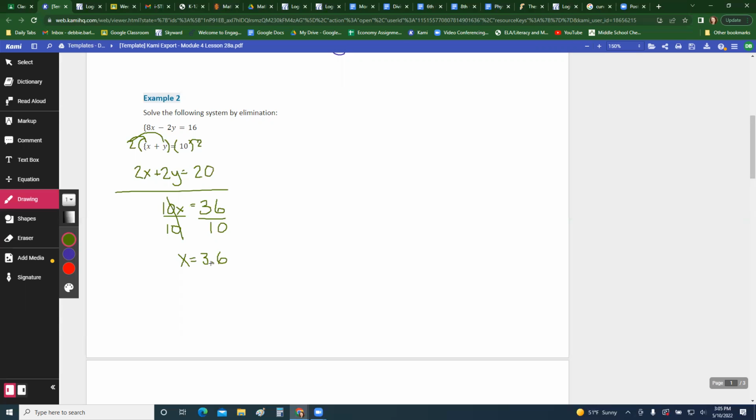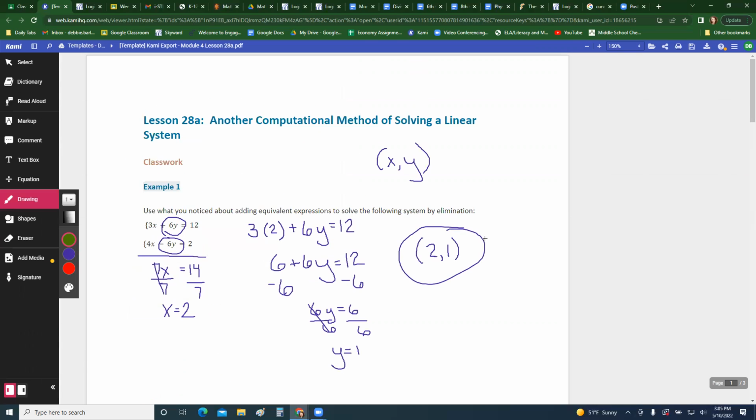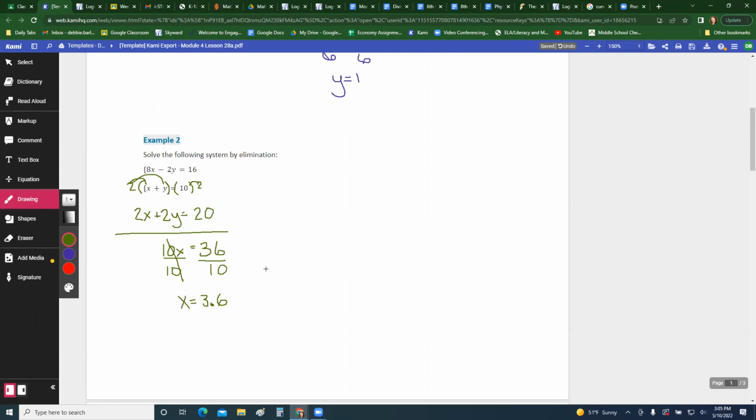This one is not a beautiful whole number. If I had graphed these, it would have landed on 2, 1, and it would have been easy. But try figuring out that it's landing on 3.6. That one's not easy. So I'm going to go back to my original equation, x plus y equals 10, and substitute in 3.6 for x. I could have substituted in the top equation, but that would have been a few more steps.